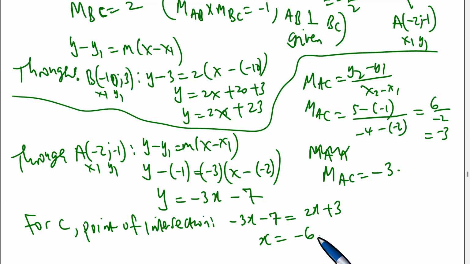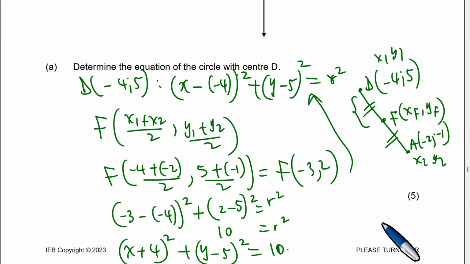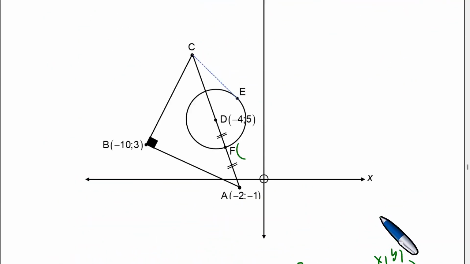Which means if x is minus 6, then y is equal to 11. Sir, can I quickly see the diagram? Okay. Right. Thank you, sir. It looks like this, but we want to find the coordinates of C.